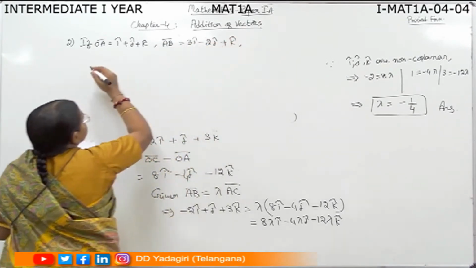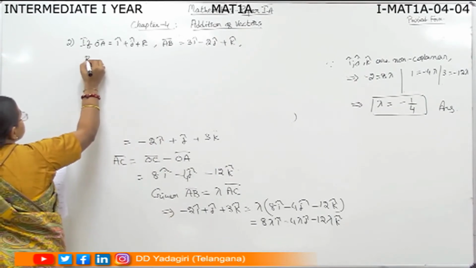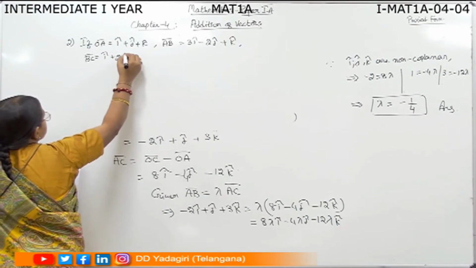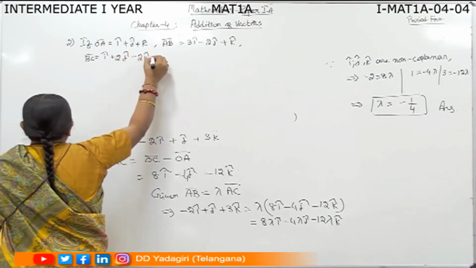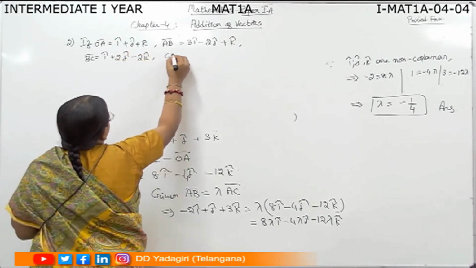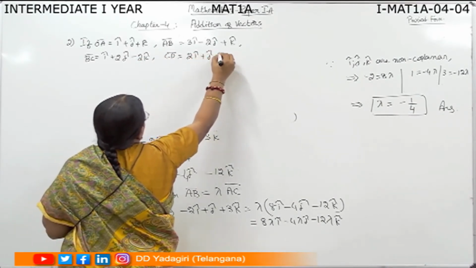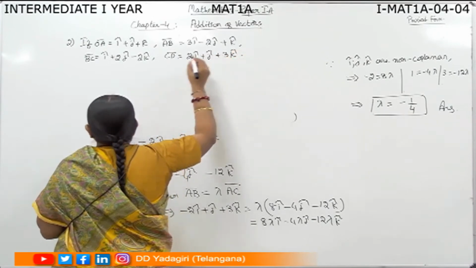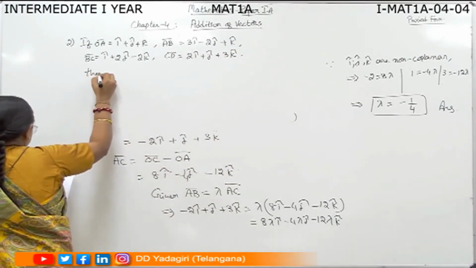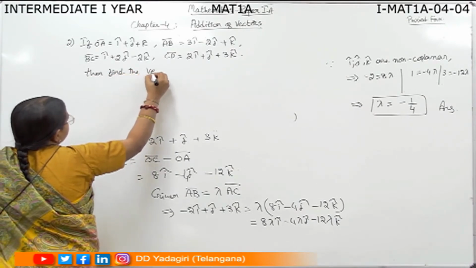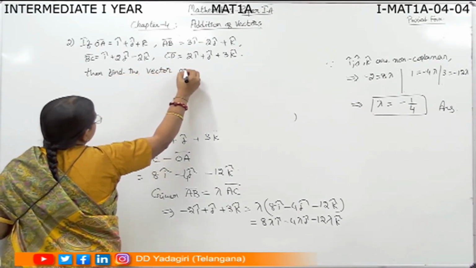This problem is very, very important. And then BC is equal to i plus 2j minus 2k, and CD is equal to 2i plus j plus 3k. Then find the vector OD.